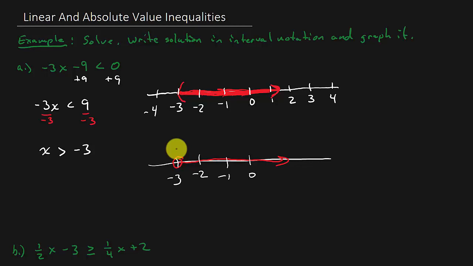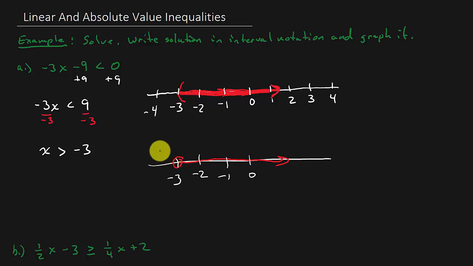Back when I was taking math classes, I learned to do it with an open circle. But what I've noticed now is a lot of the textbooks are using the parenthesis instead of the open circle. But either one is correct. It makes no difference. Now for me, normally I would use an open circle.